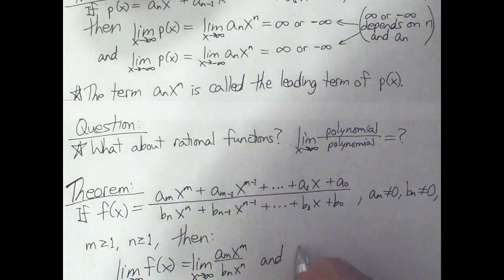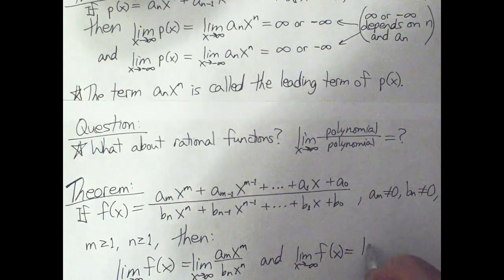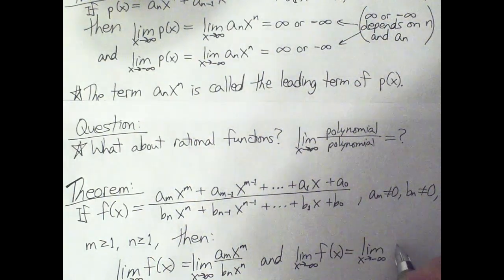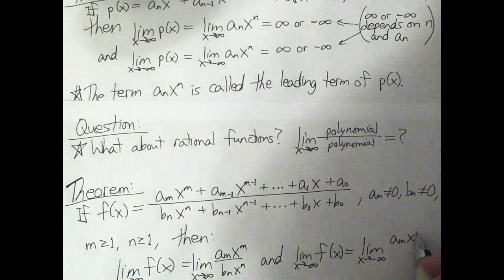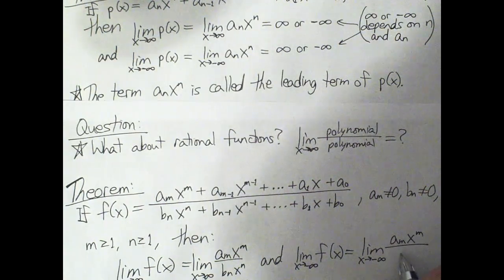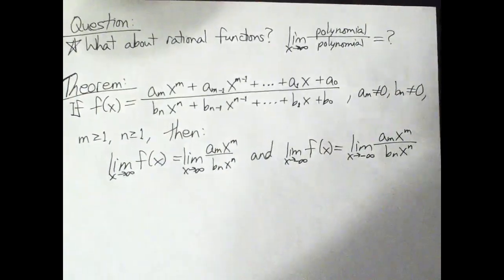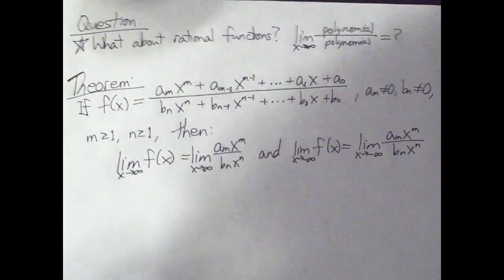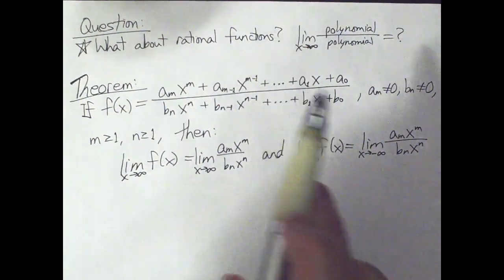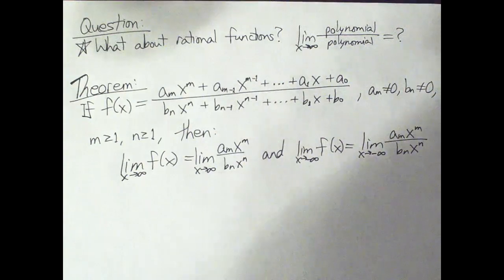And similarly for the negative infinity version, same kind of thing. So this is also saying that the leading terms are the only parts that really matter. Everything else, as x grows and grows towards infinity or towards negative infinity, the other smaller parts of the polynomial become insignificant and they get overwhelmed by the leading terms.